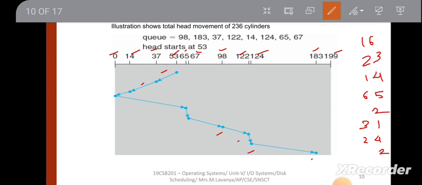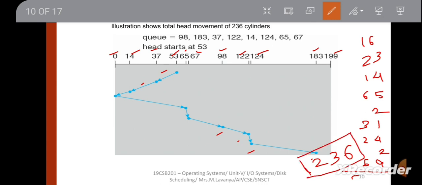Then 124 to 183, it is 59 cylinders. So the total of all these is the total head movement, right? And this total is 236 cylinders. This is the total head movement of this problem under the SCAN scheduling algorithm.